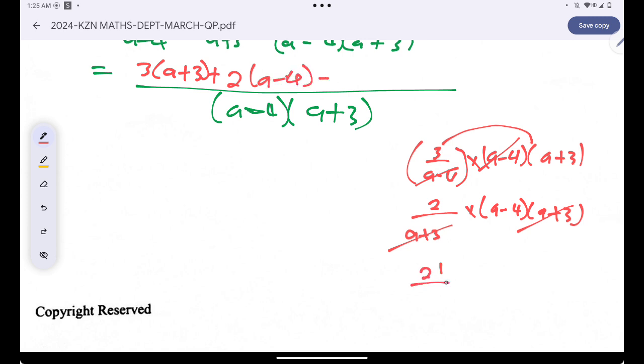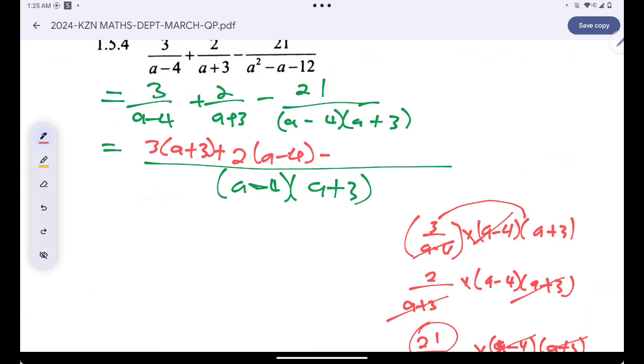When I take 21, a minus 4 and a plus 3 multiplied by a minus 4 and a plus 3, this will cancel this will cancel this. I'll be left with 21, as I just wrote there. Let me just remove this.